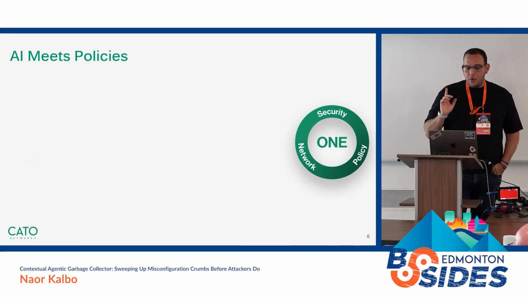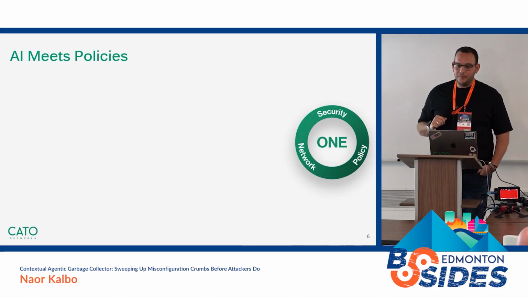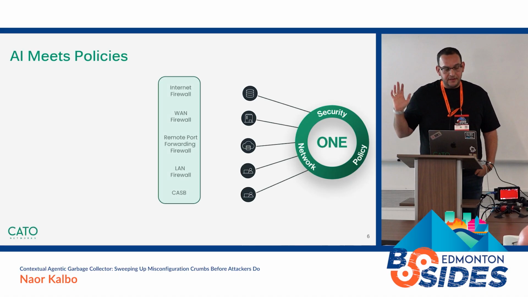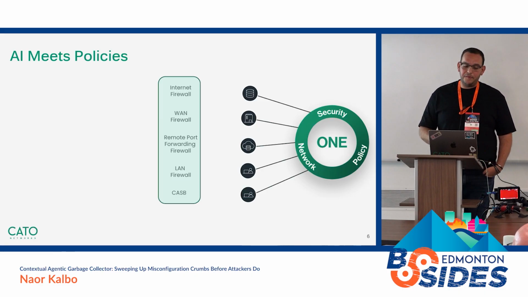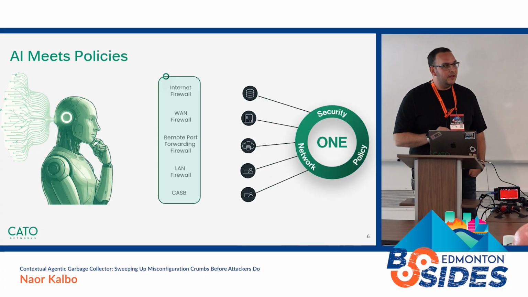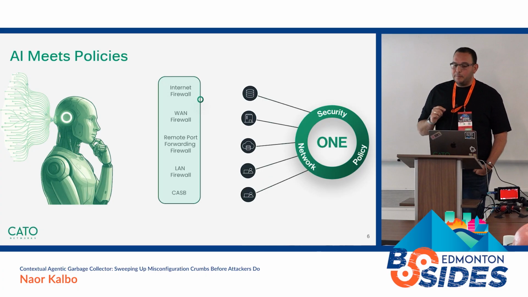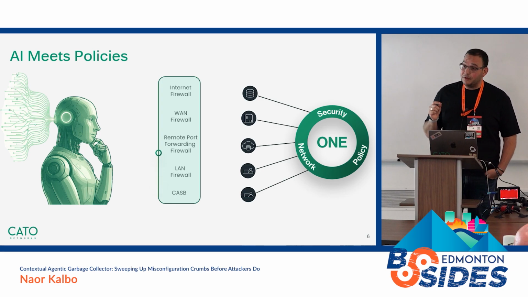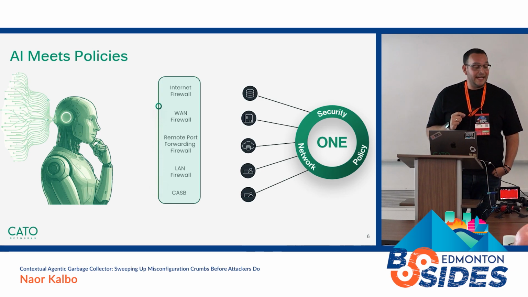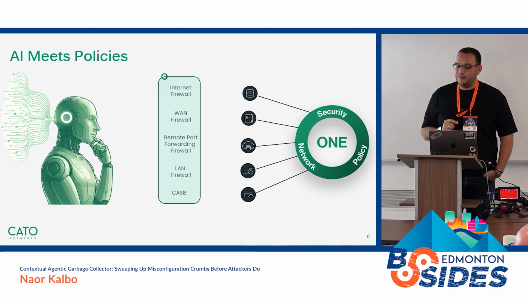So we have decided to bring together two worlds: the world of policy, and the world of AI. AI capabilities allow us to build an autonomous system that continuously monitors user configurations and can highlight potential failures early in the process.